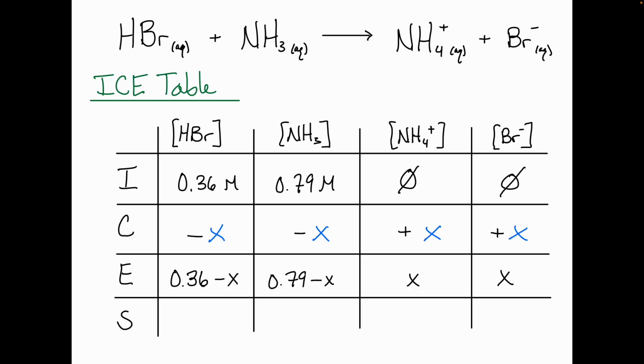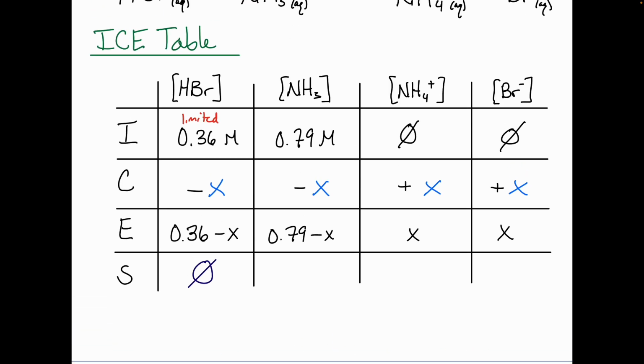Okay, so now in this case, again, all this strong will react, meaning this reaction is going to go all the way to completion, but I'm limited by the amount of hydrobromic acid that I have, meaning that all of that will be consumed, or that value of X has to be 0.36. And then I'm going to plug it all into my calculator to solve for my other boxes.